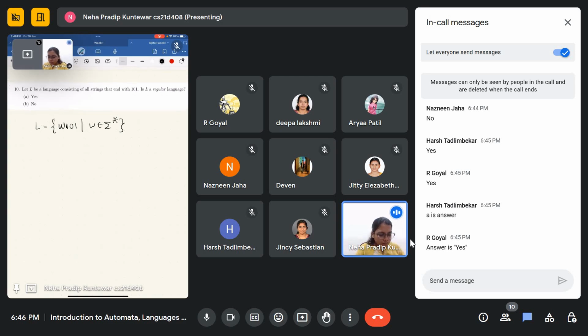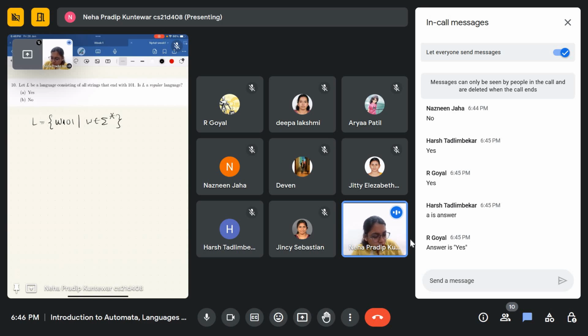I think all of you think it's a regular language, meaning there is a DFA corresponding to it. We say that L is regular if there exists a DFA, say M, such that the language of M is equal to L. If you want to show that something is regular, you present a DFA which corresponds to the language.